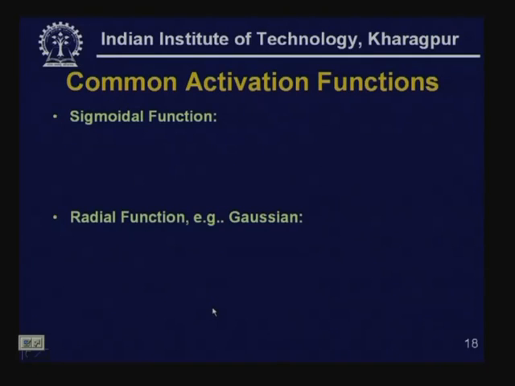So, there are other activation functions that we can consider. We do not want to use a linear thresholding unit because it is not differentiable. So, we will try to use functions which are continuous and differentiable, and at the same time give us representational power.